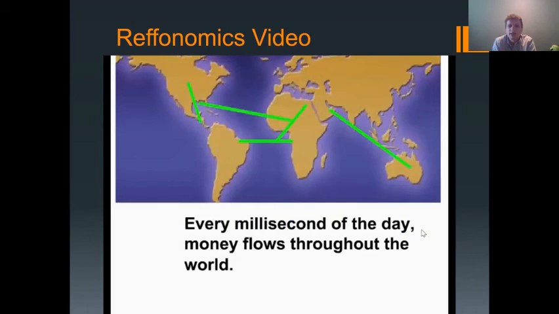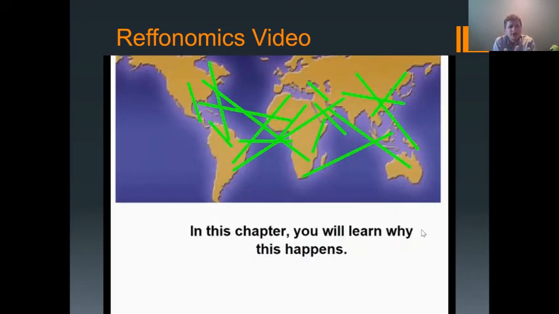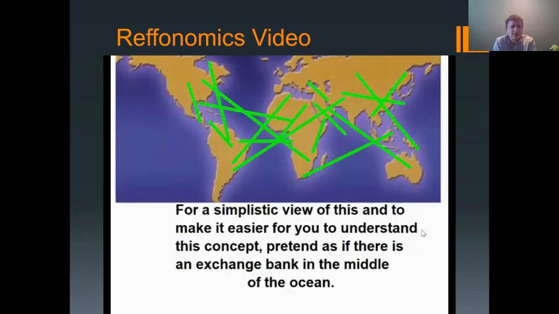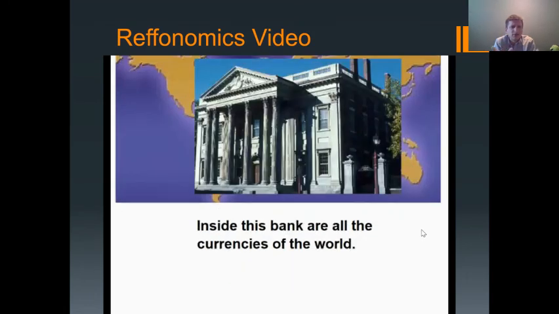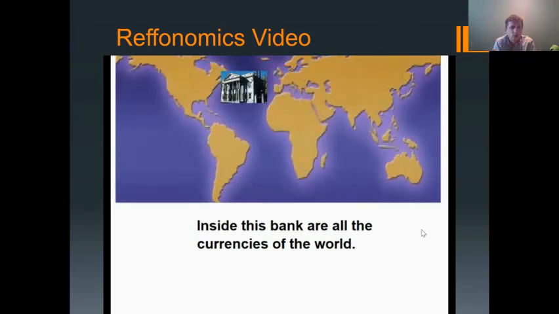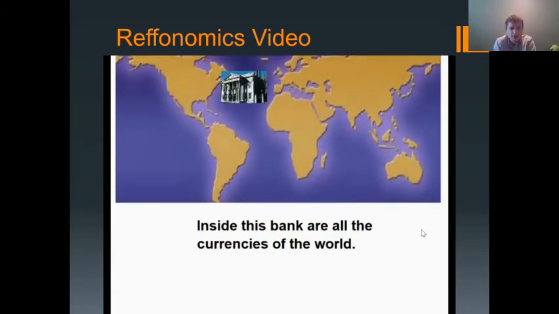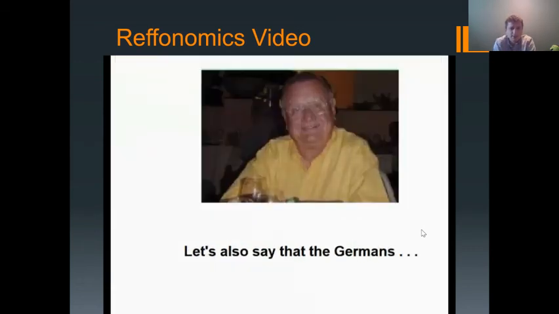So every millisecond of the day, money flows all over the world. Obviously, you see these green lines representing that. So why is it that different countries' currencies have different exchange rates? In this, you'll learn why this happens. Basically, we're going to simplify it, and we're going to pretend there's an exchange bank in the middle of the world that has all of the currencies of the world. See it right there. There go all of the currencies into that bank.